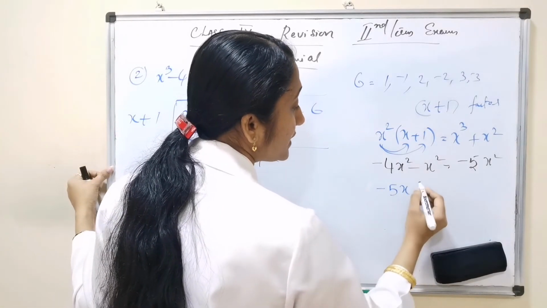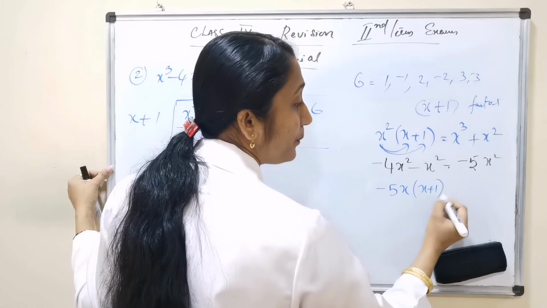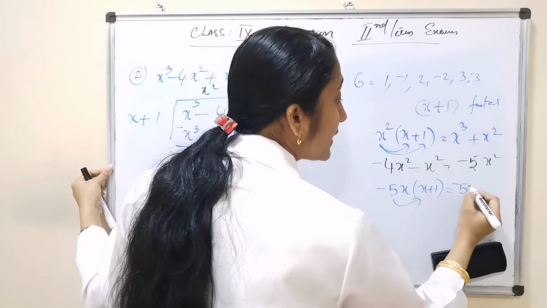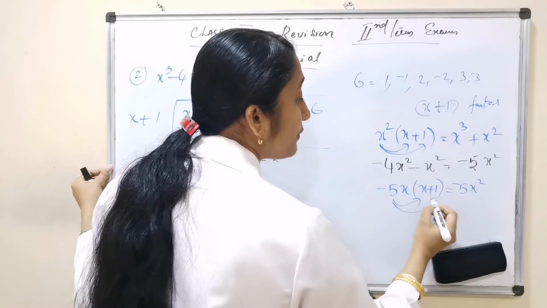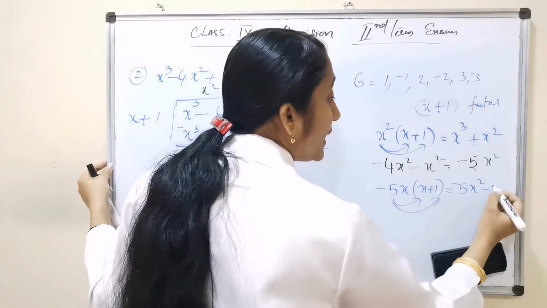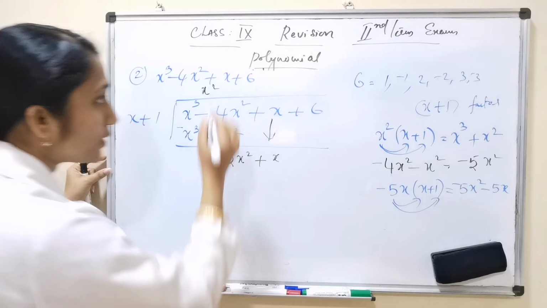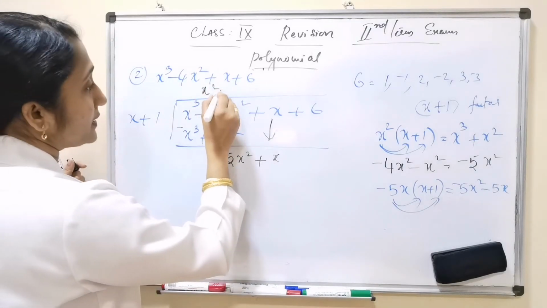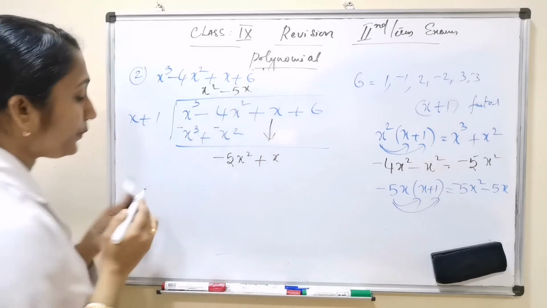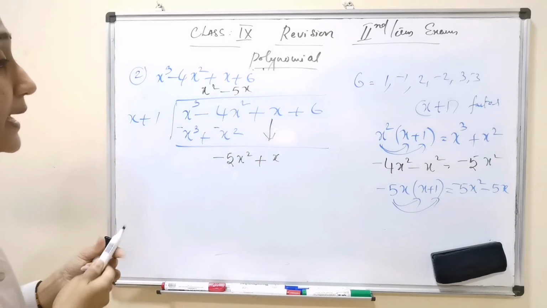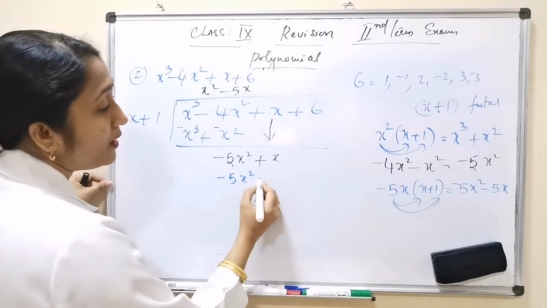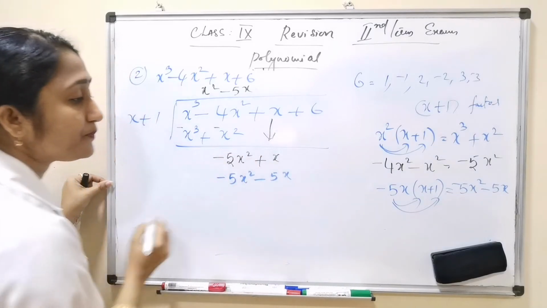Minus 5x into x plus 1: minus 5x into x is minus 5x square, minus 5x into plus 1 is minus 5x. So here we write minus 5x square minus 5x.